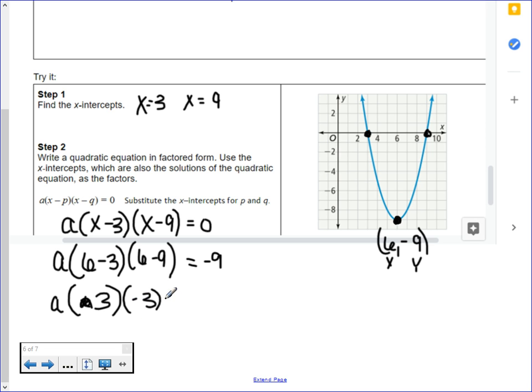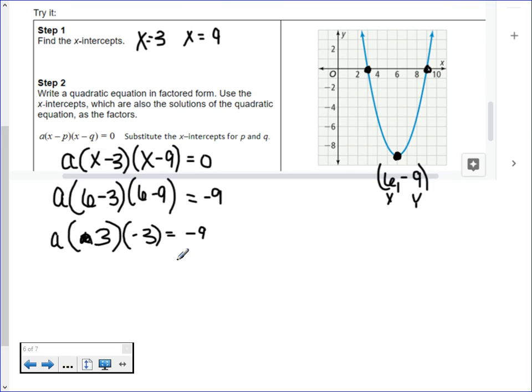This is like the exact same thing we just did. Different problem, right? Weird. Okay, anyway, 3 times -3 is -9. We're doing the exact same thing we did last time. -9 divided by -9 is what?